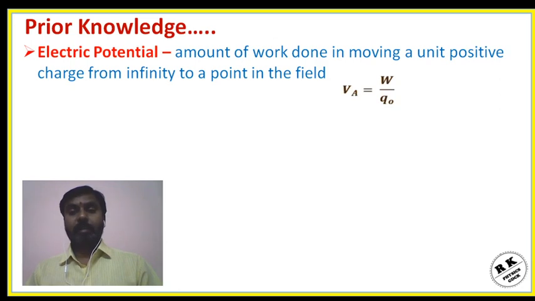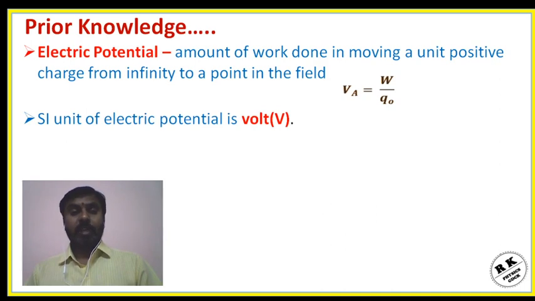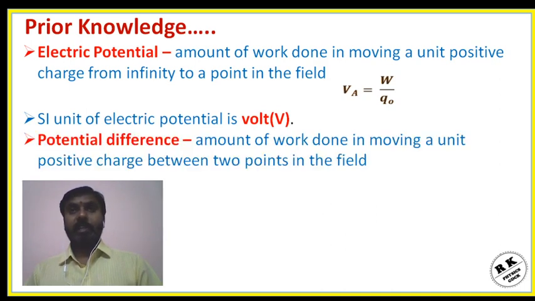Mathematically, it can be expressed as VA is equal to W by Q naught, where VA stands for electric potential at point A. It can be measured in volts, and the potential difference is expressed for 2 points in the electric field. It is defined as the amount of work done in moving unit positive charge between the 2 points in the electric field. Mathematically, it can be expressed as VA minus VB is equal to W by Q naught.